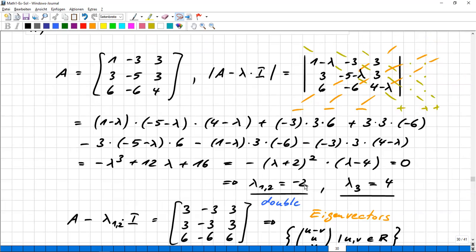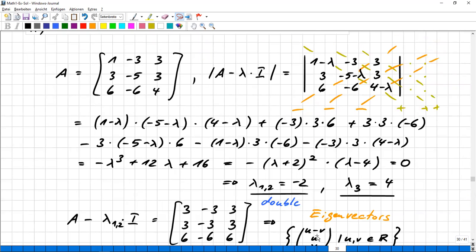But if you insert a found eigenvalue, it usually changes at once to a matrix which has twice the same row or even multiple rows of each other. And so it's quite easy then to bring it into the form of the general solution.